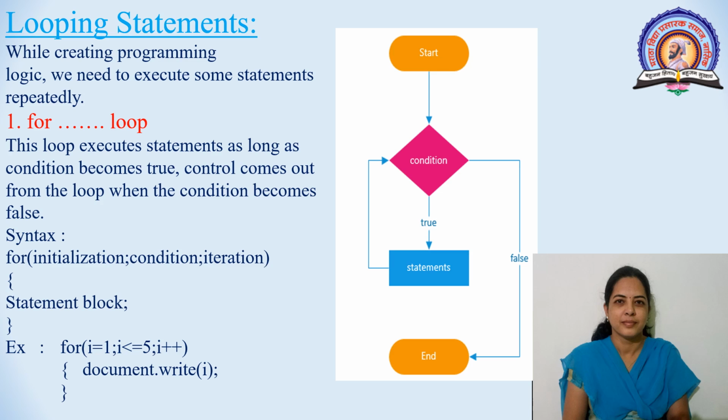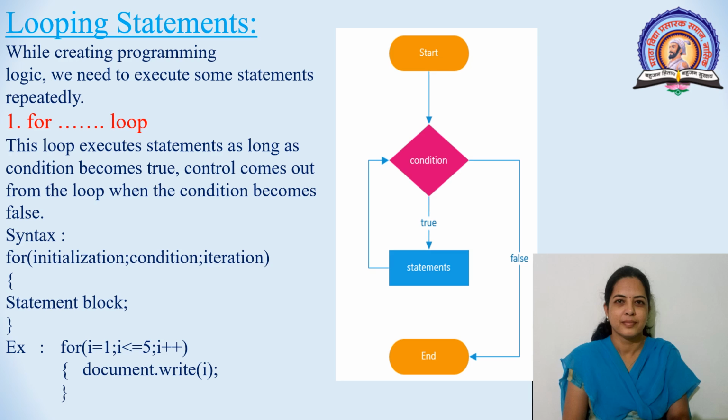We are taking here one example, for i equal to 1. So this is the initial value of i is equal to 1. Then this is the condition, i less than equal to 5. And iteration means here you can write the increment or decrement operator. i plus plus, here we are increasing the value of i by 1.